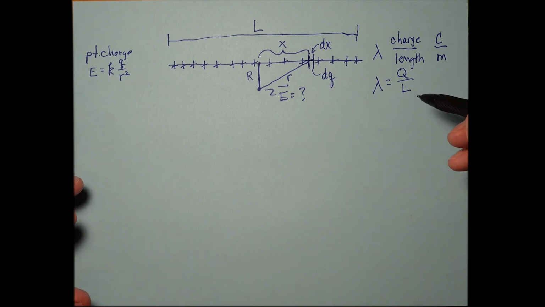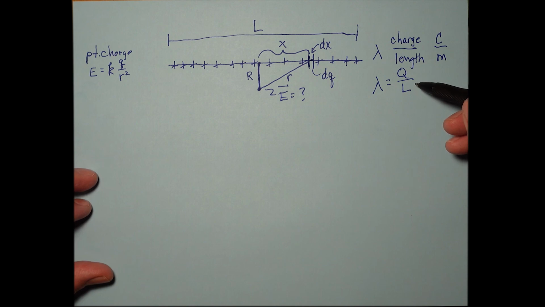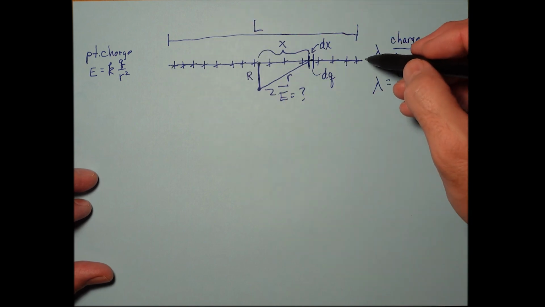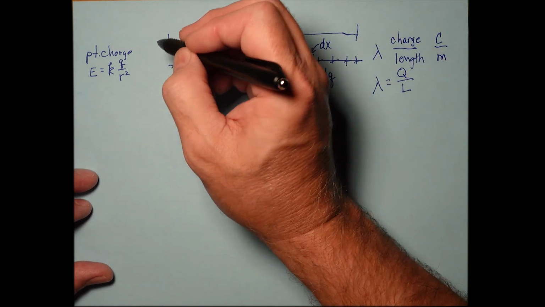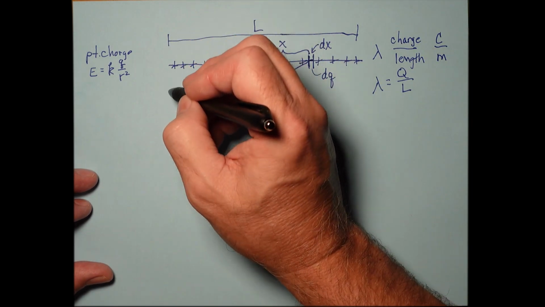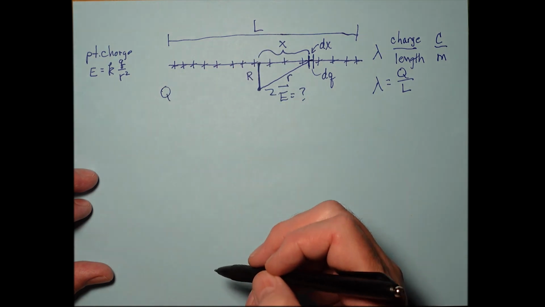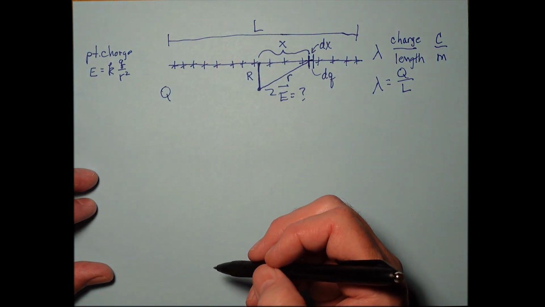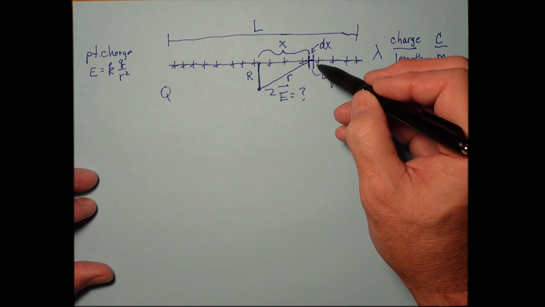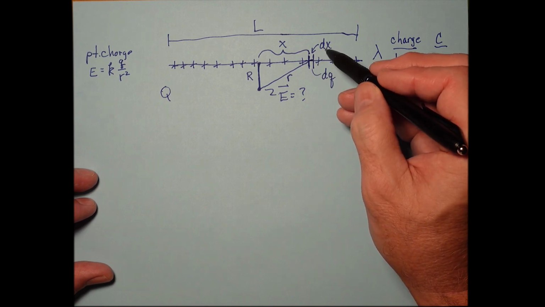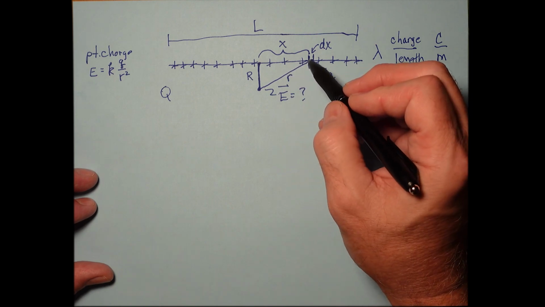In fact, let's say that we do know what the total charge is here. Since we have a fixed length, we are going to have a fixed value of charge, and let's just say that's big Q. So big Q is the total charge. Little q, that's the amount of charge in dx, which is a distance x away.